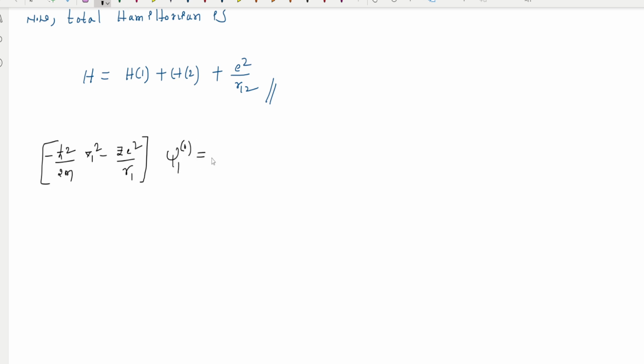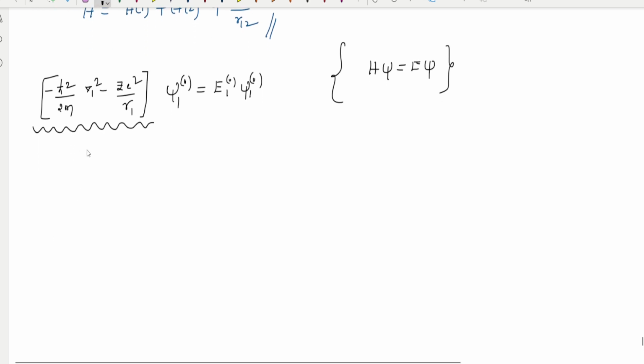So here I'm taking the ground state for simplification. This is our Hamiltonian. If you solve this one, this is the hydrogen atom, right? If you try to solve this, you can easily get the answer.